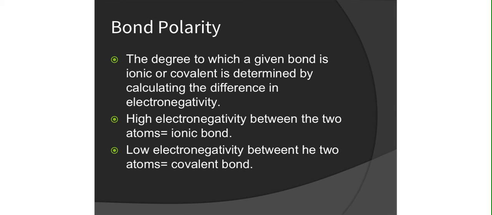So there are different degrees of ionic or covalent bonding. What I mean by that is that you can calculate the electronegativity difference between two atoms. Again, I am going to show you the table of all of the atoms with their electronegativities so you understand what I'm talking about. I'm not actually going to do it in the video because I'm trying to avoid these videos being super long like the previous ones. So I'll show you examples in class.